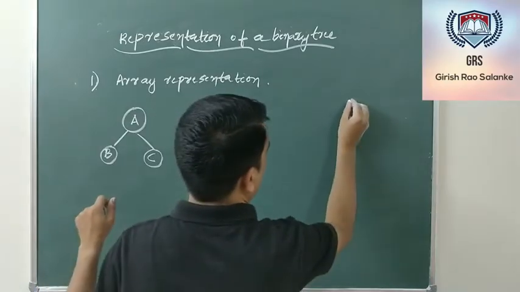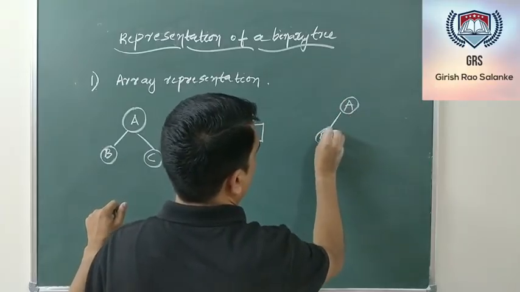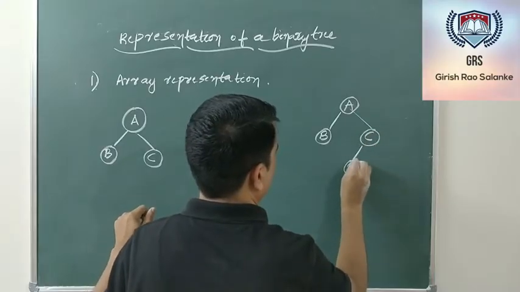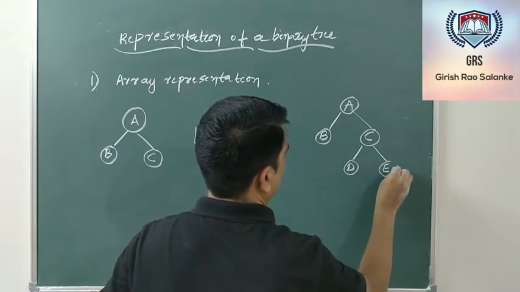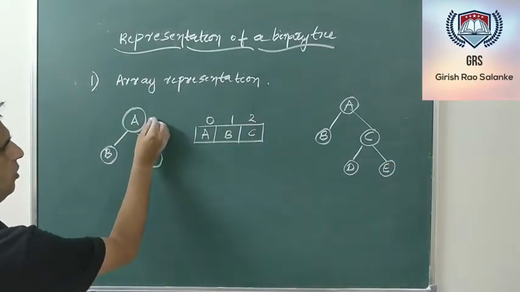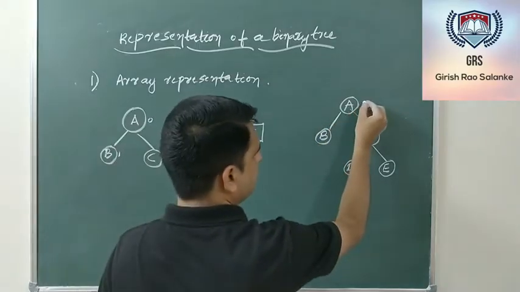Now I'll assume that there is one more tree, something like this: A, B, C, D, E. First, I need to mark each of these nodes with the index of the array. I start with 0.